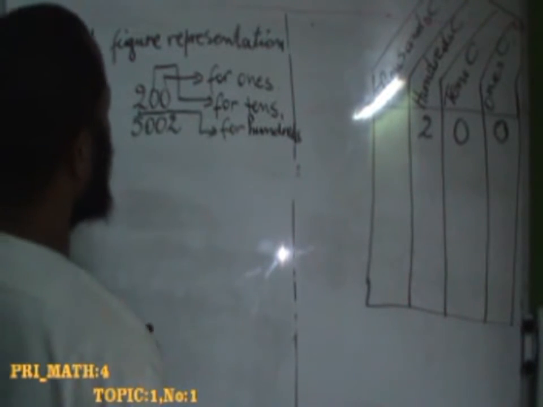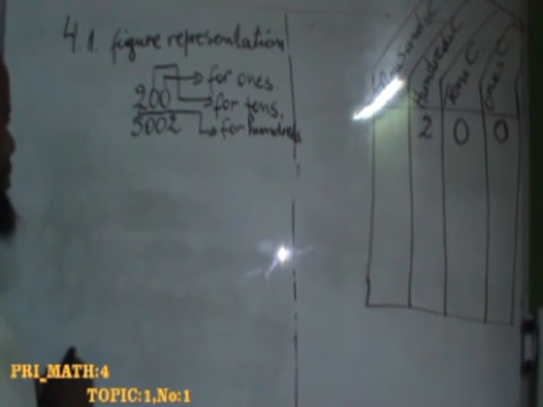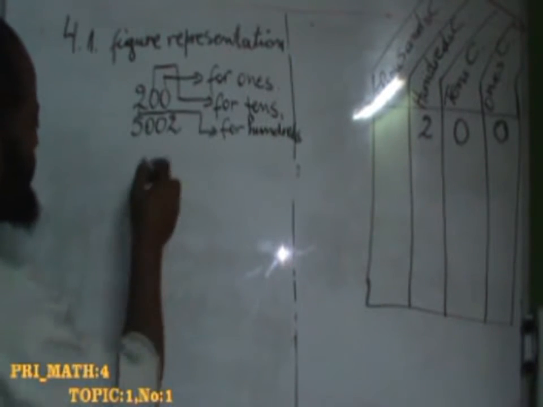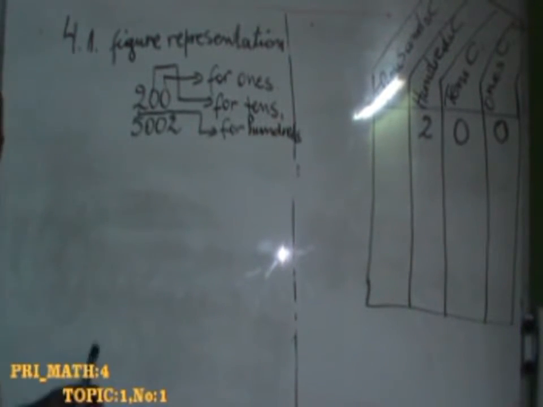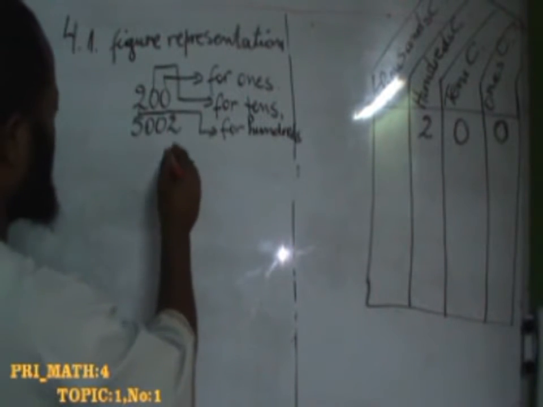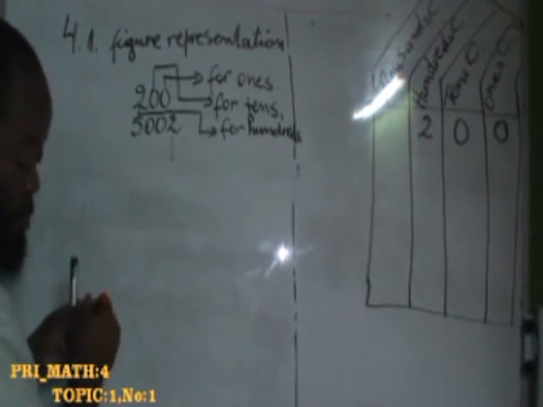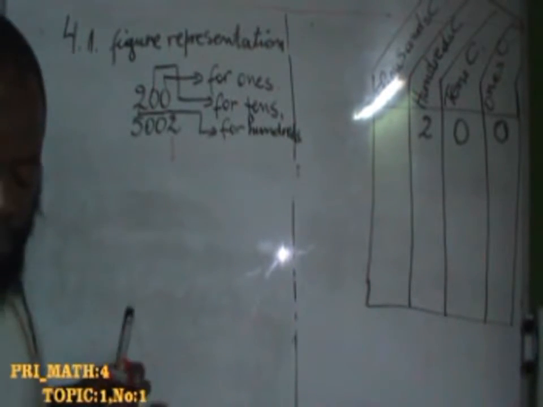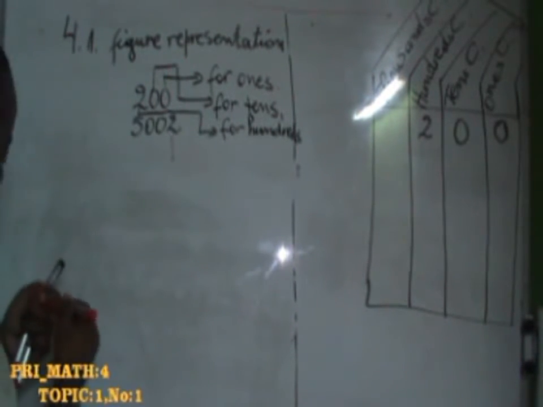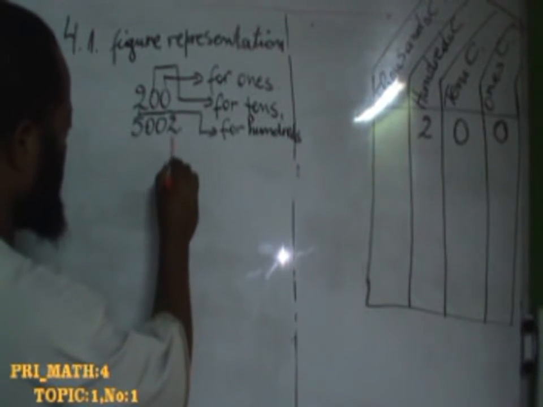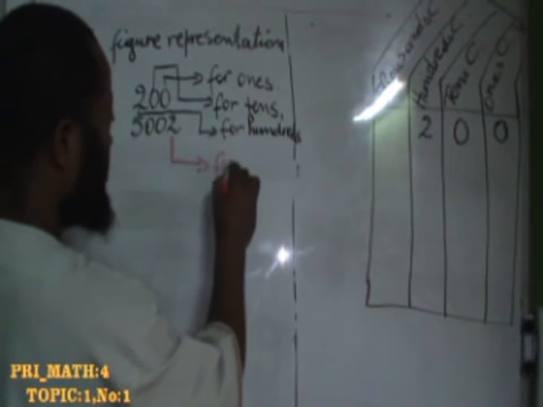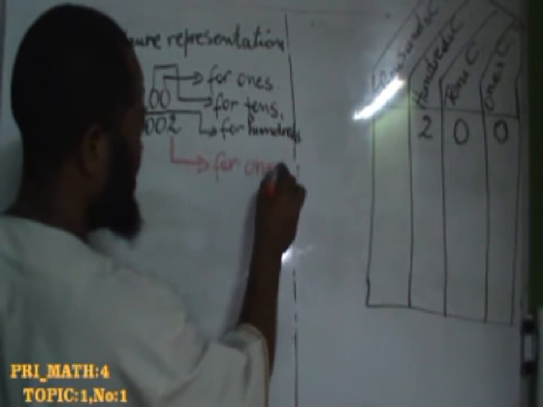We say that when you are dealing with a number, you are going from right to left. So this is for ones.